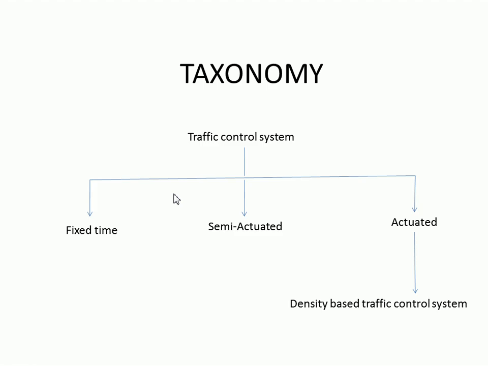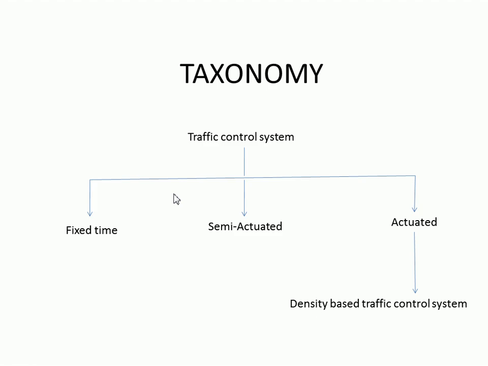Semi-actuated. Coming to the semi-actuated traffic control system, the traffic is controlled based upon some type of detection. But the detection is only for one constant, but not all the constants. For example, if there are vehicles and pedestrians, the detection is only for vehicles or pedestrians, but not both.